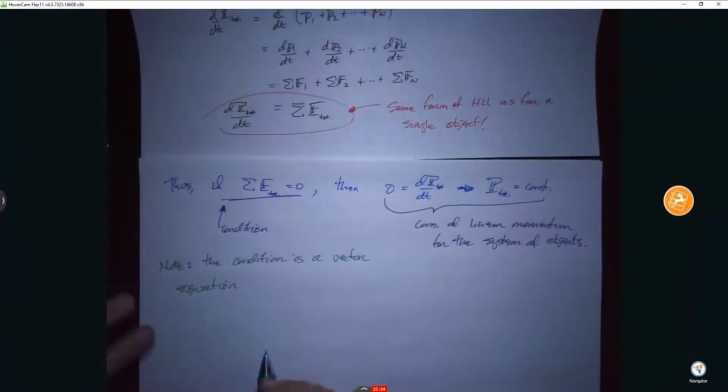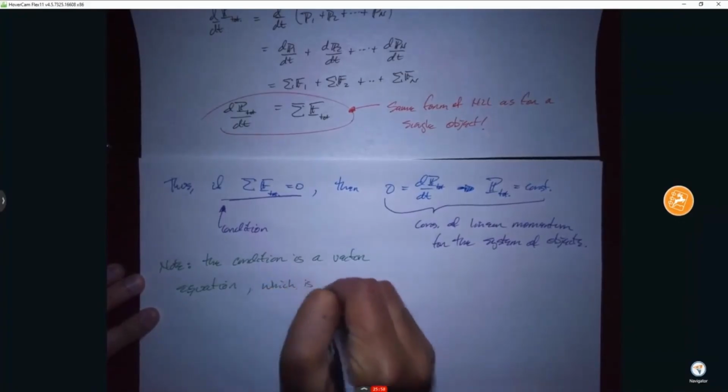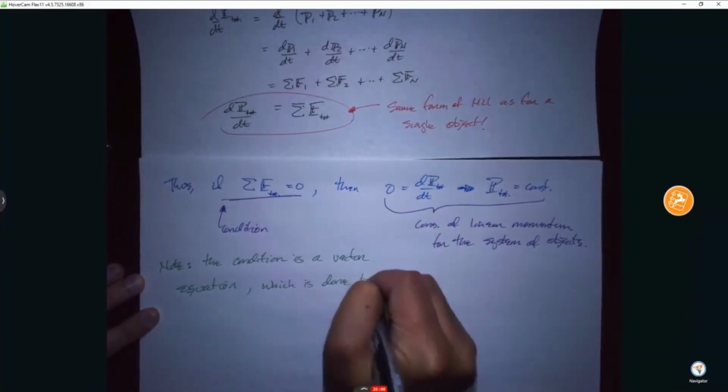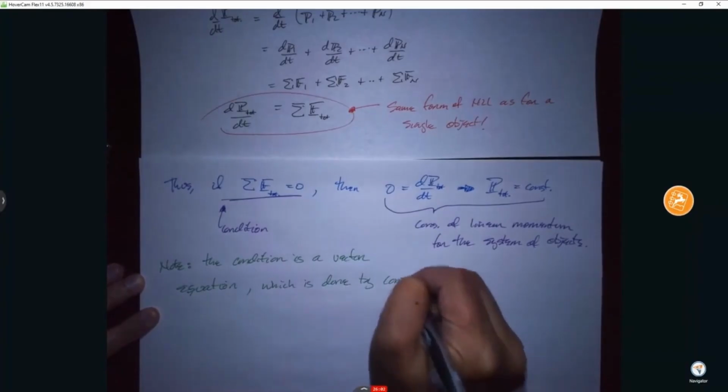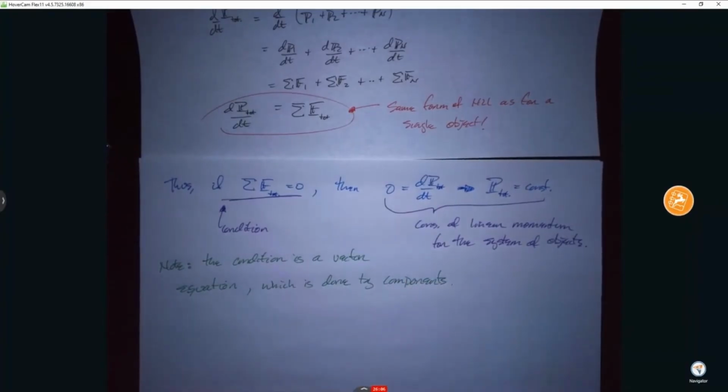The condition is a vector equation, which we solve by breaking it up into components.